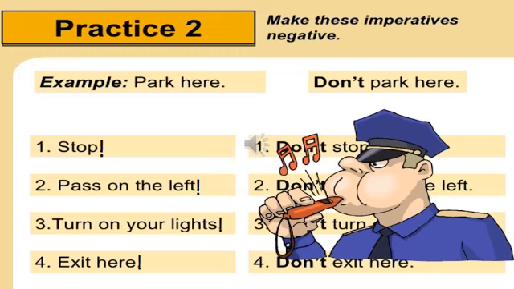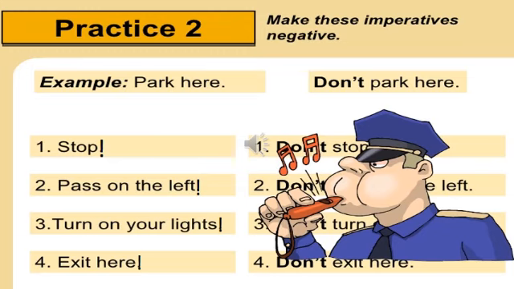Number 1, stop. In negative form, it's don't stop. Here, when they make it in negative form, they used don't. Can you see it? Don't. Stop. Don't stop. Number 2, pass on the left.